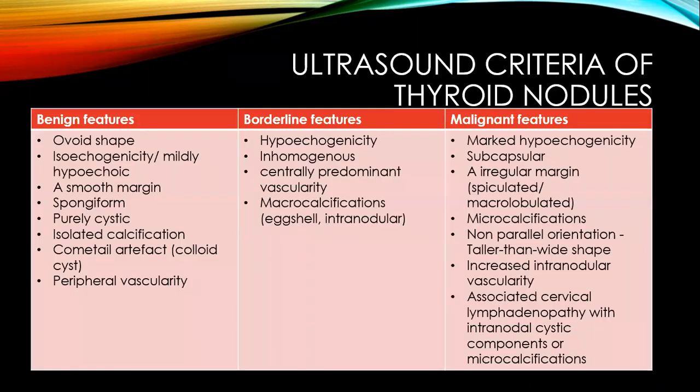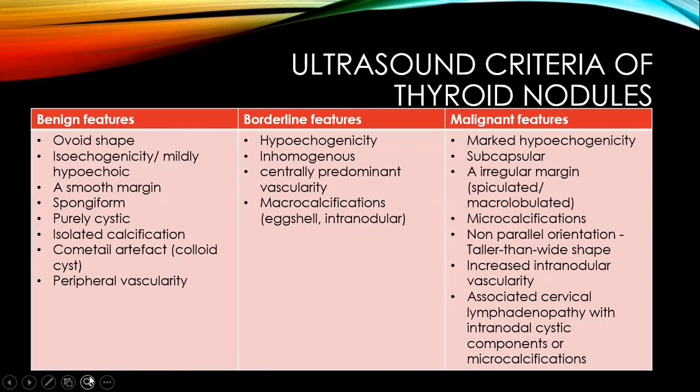Okay. So on ultrasound evaluation of our nodules, we've got characteristic features for benign nodules, we've got characteristic features for malignant nodules, but we also have some features which are borderline. They're indeterminate. They can be found in both benign and malignant nodules. On the benign features, we have an ovoid shape, isoechogenicity or mildly hypoechoic with a smooth margin, and all our spongiform or cystic lesions.